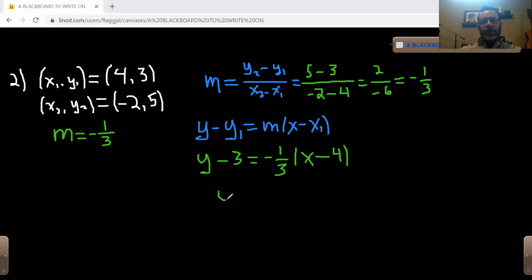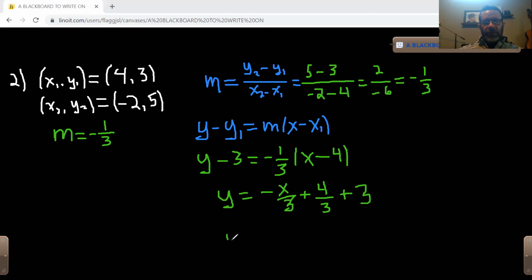This is going to be equal to y equals minus x divided by 3 plus 4/3 plus 3.